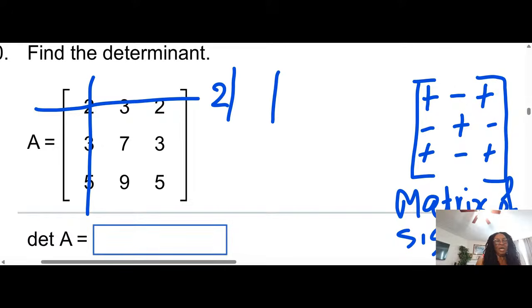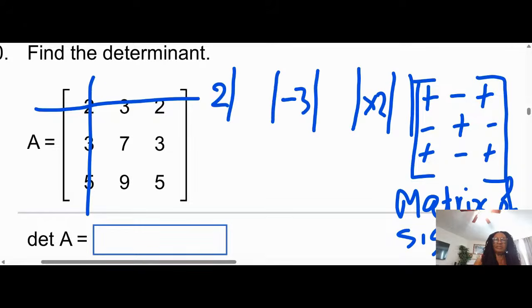And then I will also have this. What I'm going to use with 3 is negative 3 multiplied by a 2 by 2 matrix, and then multiply by 2, and then a 2 by 2 matrix again.